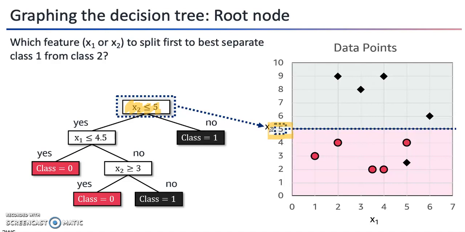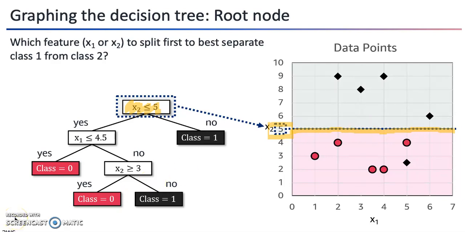And so we may use that threshold value to split the vertical axis. This is denoted here with a dashed or dotted line, and that would split the two-dimensional plane basically in two sub-regions.